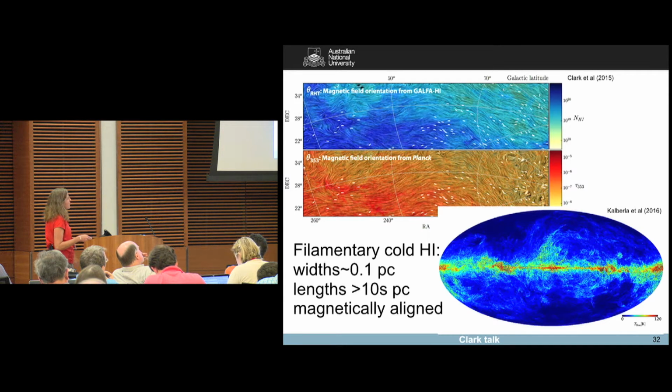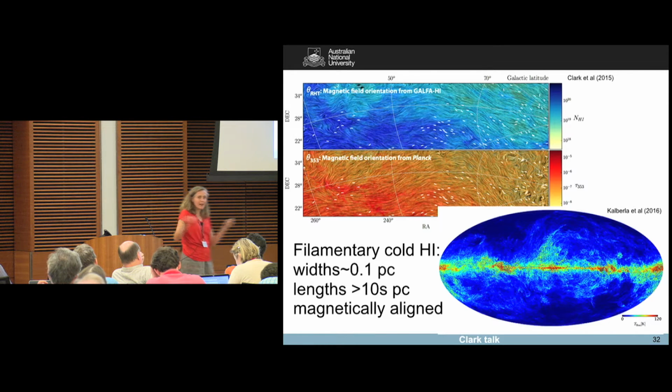And more work from Peter Kalberla et al., again on cold filamentary H1, very narrow widths, long aspect ratio fibers. So the ISM seems to be filled with this wonderfully fibrous structure that seems to be aligned with magnetic fields.